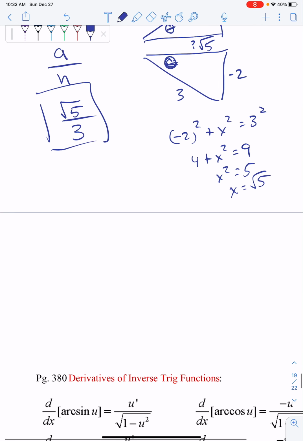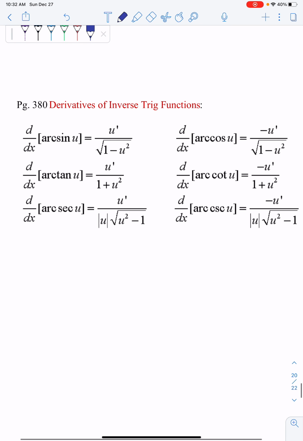Okay, moving on. So here's a few more derivatives of these trig functions. Again, this is probably something that you want to have memorized. We're going to start doing quizzes on this here in the next couple of weeks. The derivative of arc sine, or sine inverse of u, is u prime over root 1 minus u squared.